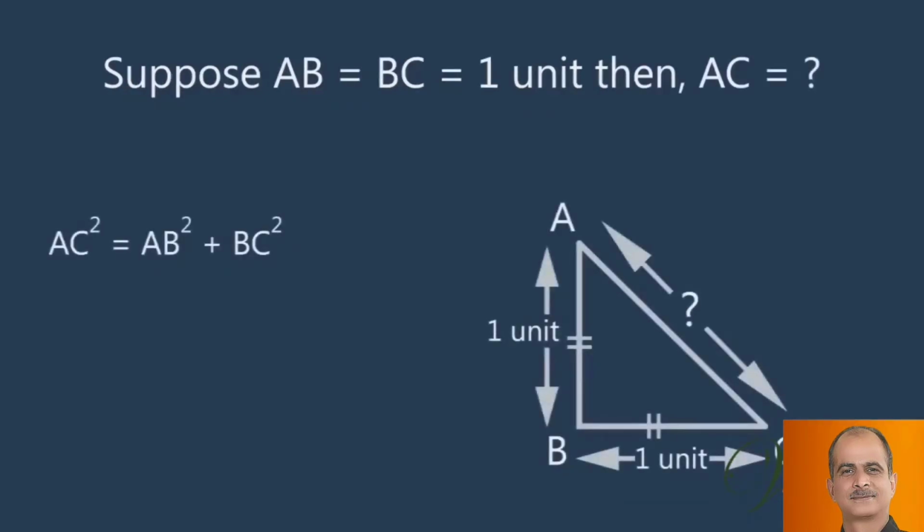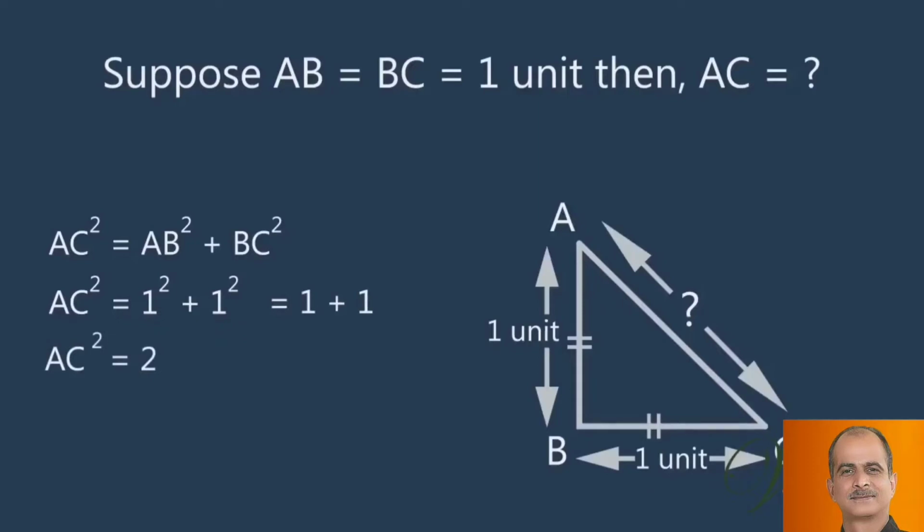Then how to find the value of AC? Here we have to use the Pythagoras principle. That is, AC square is equal to AB square plus BC square, where AC is the hypotenuse and AB and BC are the two sides of a right angle triangle. Therefore, AC square is equal to 1 square plus 1 square, which is 1 plus 1.